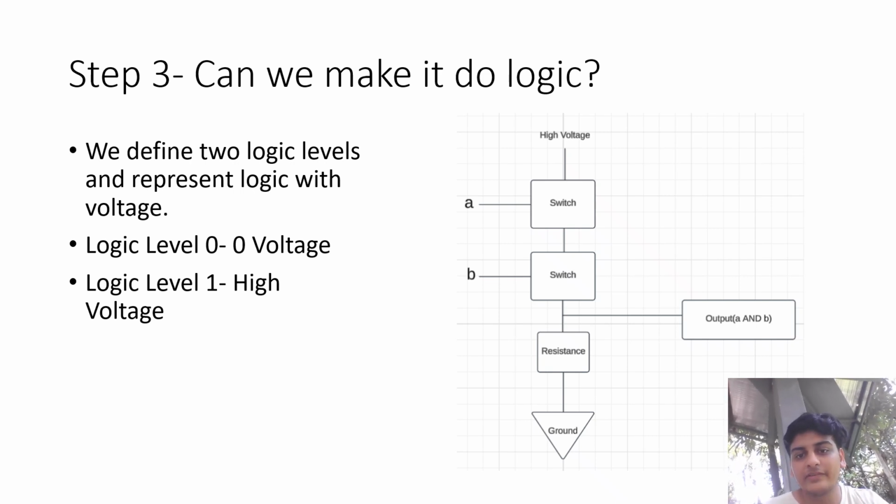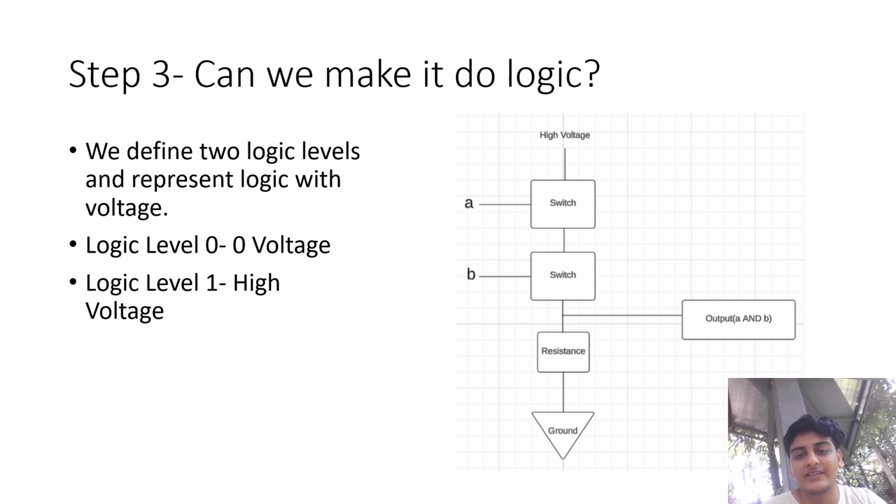Let's now talk about if any one of them is 0. If either A or B is 0, the circuit will break at that point because that switch will turn off, because that's how a MOSFET behaves. So if any one of these two is zero, your high voltage point is no longer connected to your output, in which case your output is going to be connected to your ground, which is the low voltage or zero voltage point, and it's going to have the same voltage as your ground.